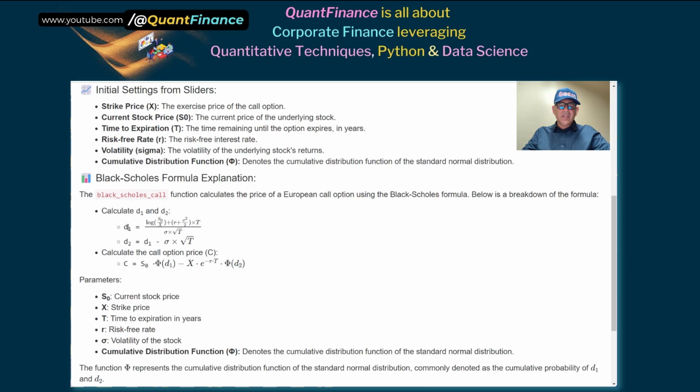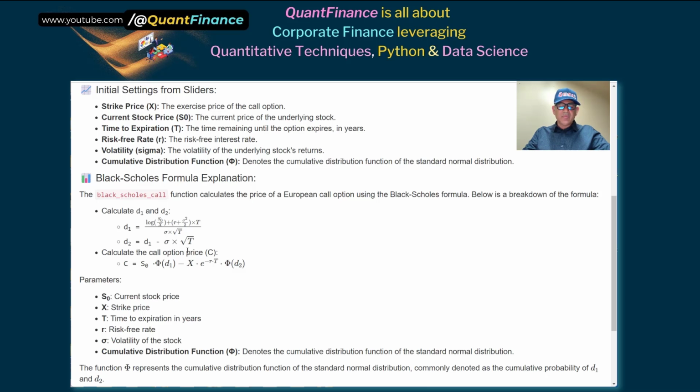While calculating D1 and D2, we need an extra input which is sigma, and it is a reflector of volatility in finance. We know this symbol sigma is used in statistics to represent standard deviation, but in finance we mostly use it to represent volatility.